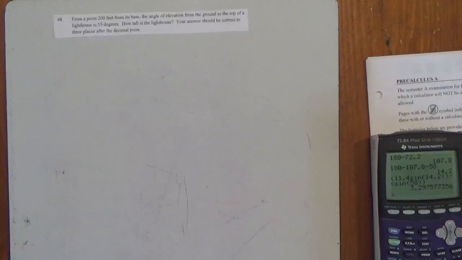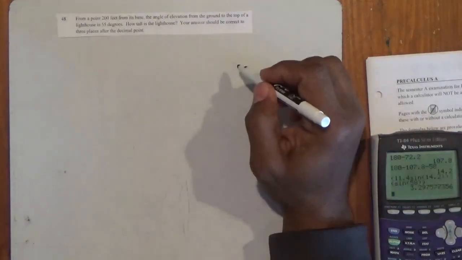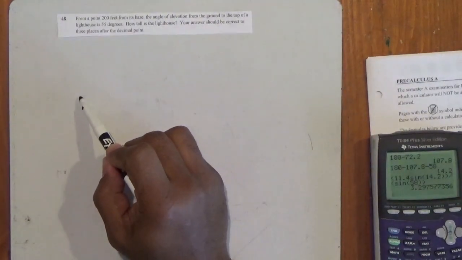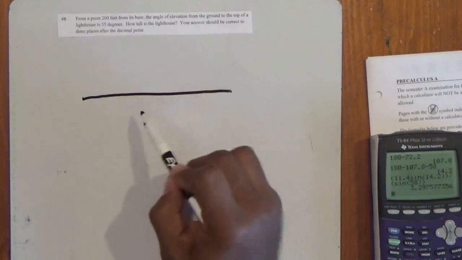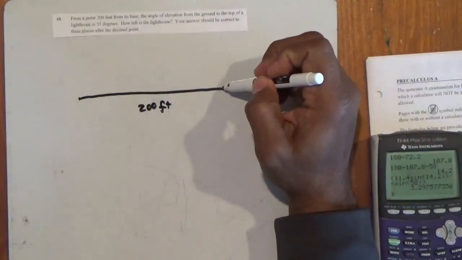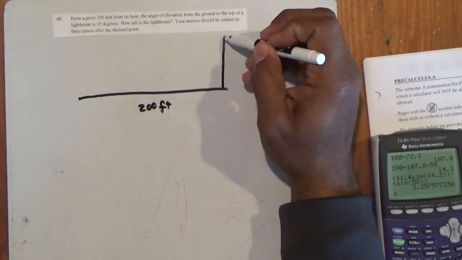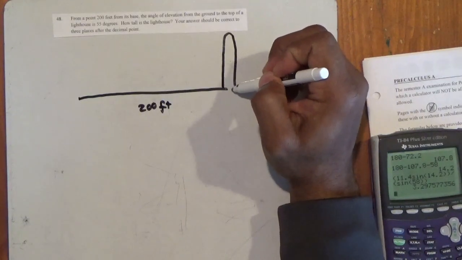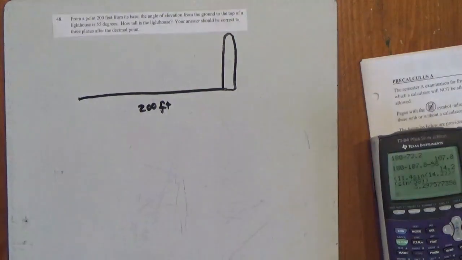All right, for number 48, looks like we're dealing with just regular right triangle stuff. So let's draw the picture. It tells us from a point 200 feet from its base, a lighthouse.